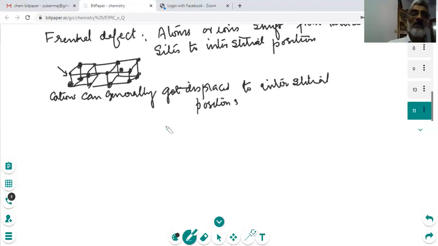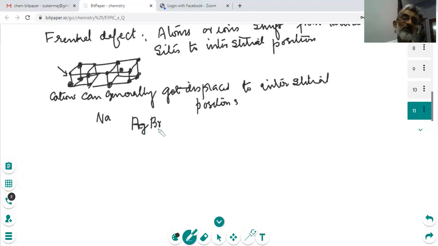Now this occurs because, consider a compound like silver bromide, AgBr. This is observed in silver bromide.